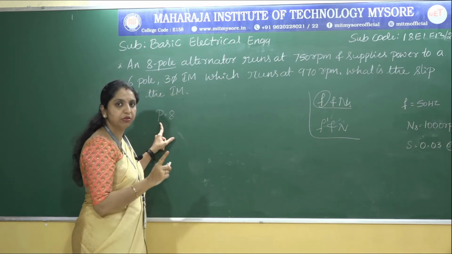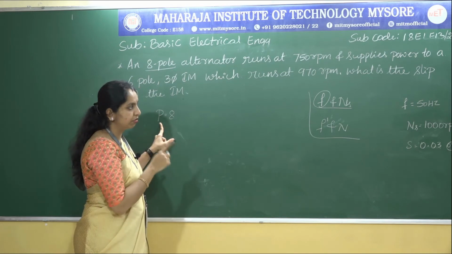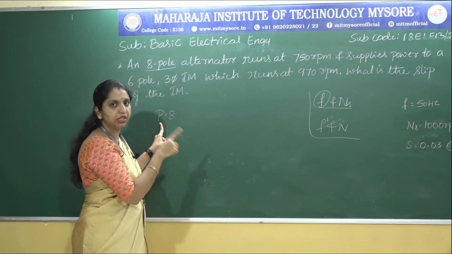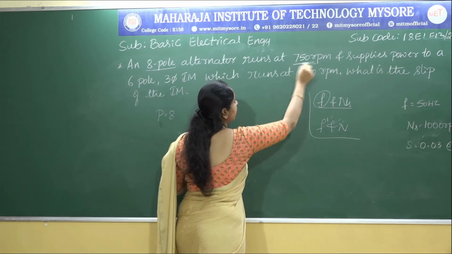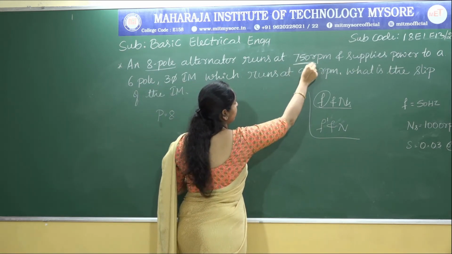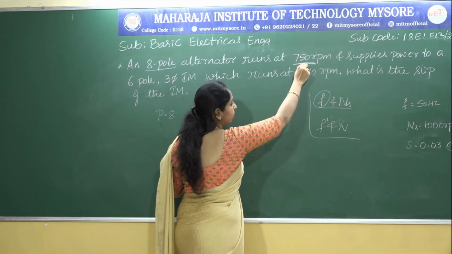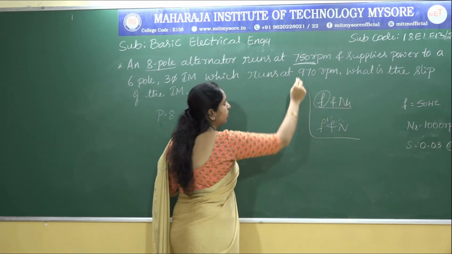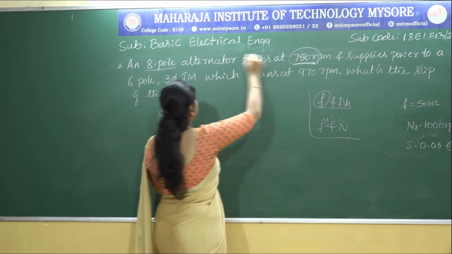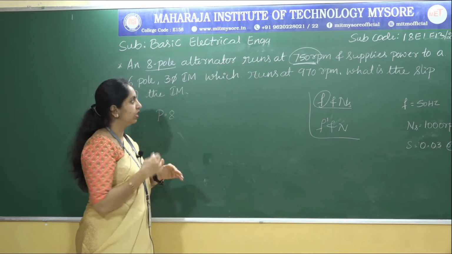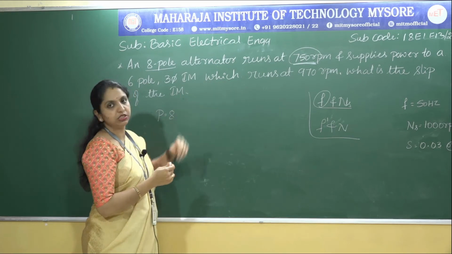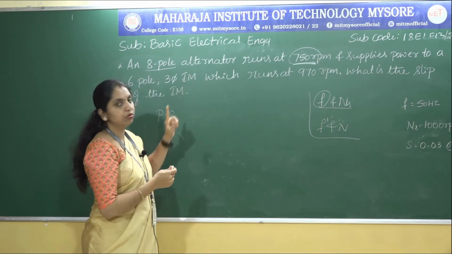Don't get confused with the speeds here, because there are many speeds. One is Ns and N, and this speed, 750 RPM, is no more related to Ns and N. This speed is given for the alternator, that is, to find the frequency. Once again, the speed given here is related to the alternator.